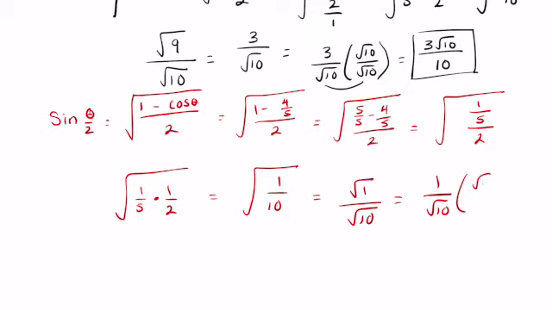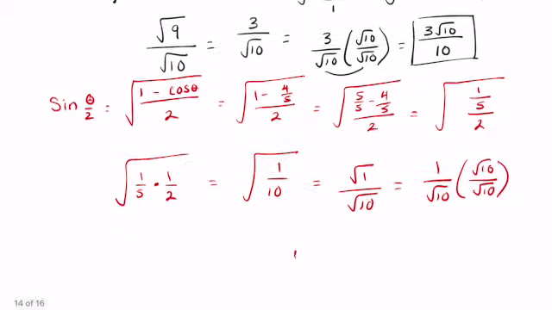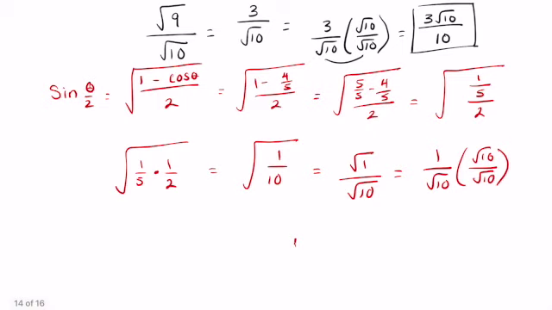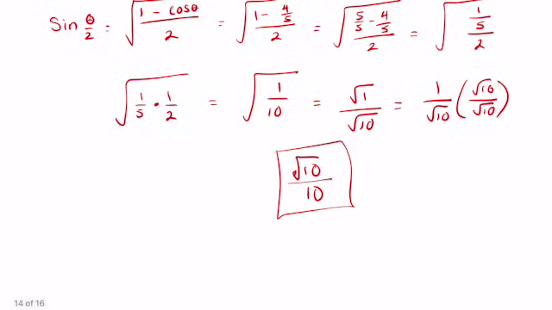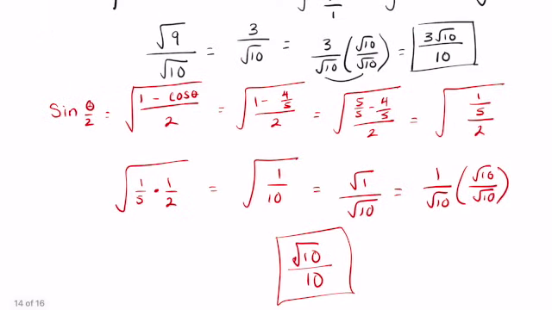And through rationalizing, we get an answer of square root 10 over 10. And that's our sine half angle. And finally, using our two answers here, what if we said find the half angle of tangent?